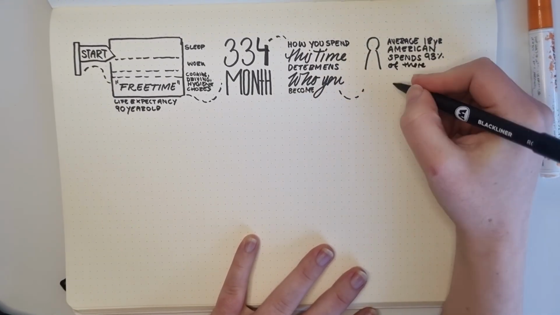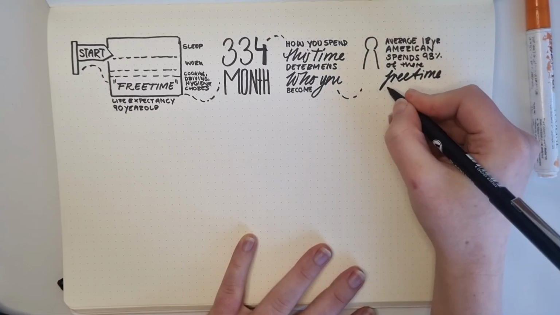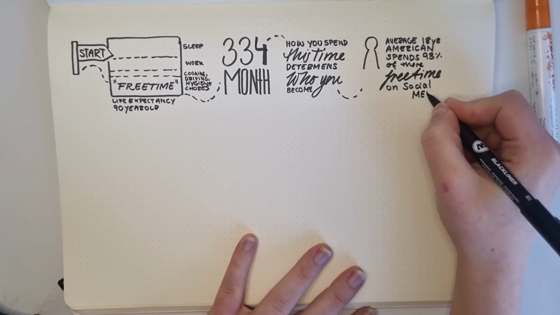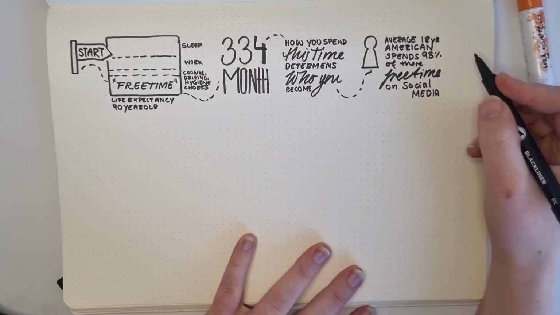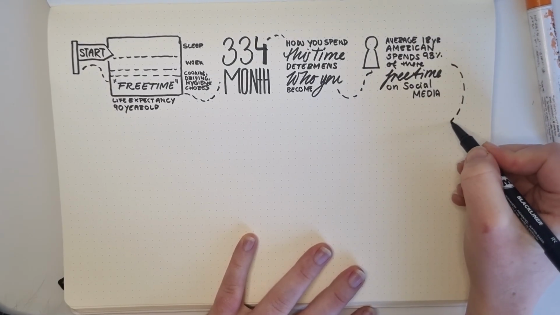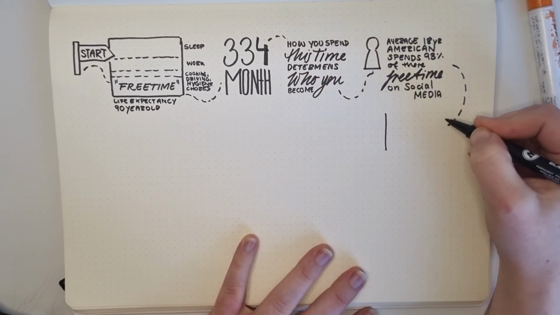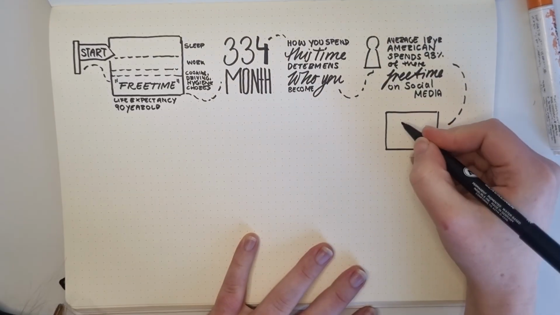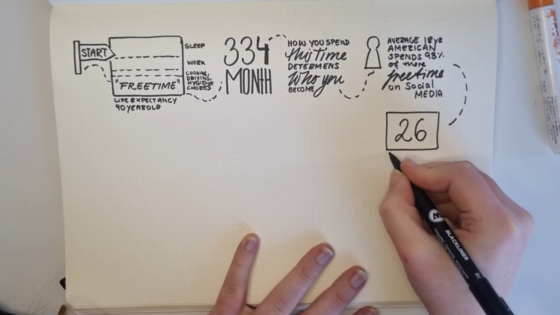Now, while I was listening to this TED Talk, there was a pretty mind-blowing fact, and I like to take mind-blowing facts or just important facts and put them in separate boxes. So in this case, it was that if an 18-year-old lives till 90 and spends 93% of his free time on social media, he would have spent 26 years of his life on social media, which is just, I mean, that's just crazy.